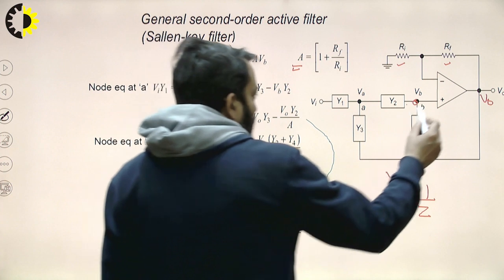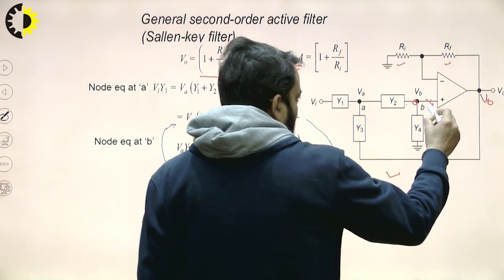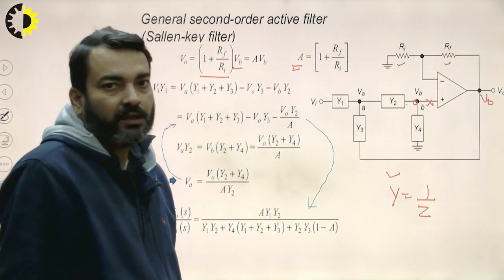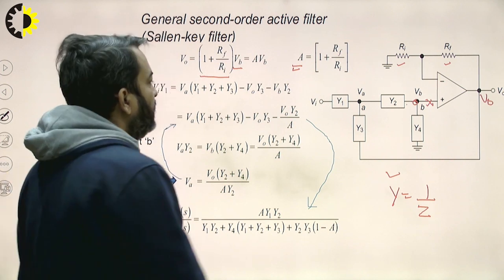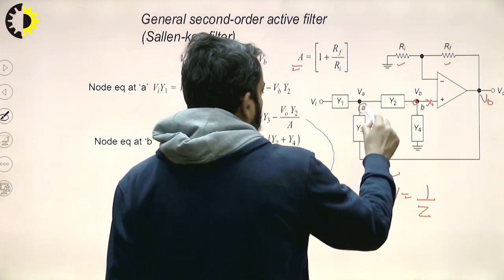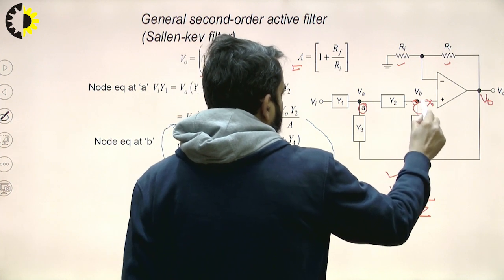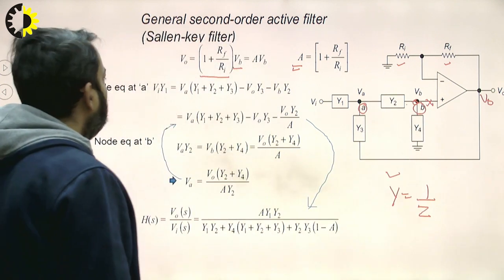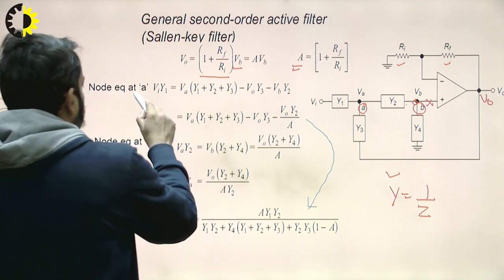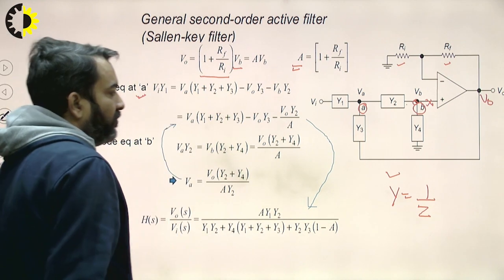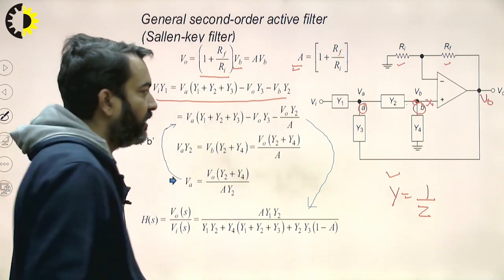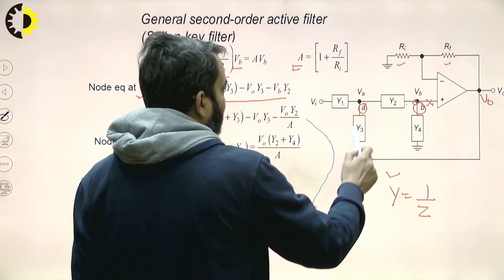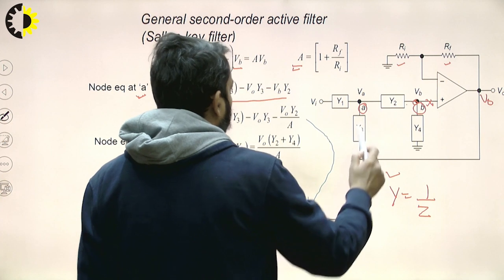Now there is no sourcing or sinking of current through the op-amp input terminal. Now we will apply KCL at these two nodes, node A and node B. So if we are applying KCL at node A, we will get this equation. So here we can see VA is connected with admittances Y1, Y2, Y3.